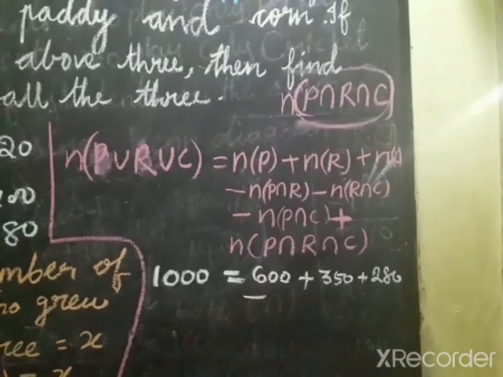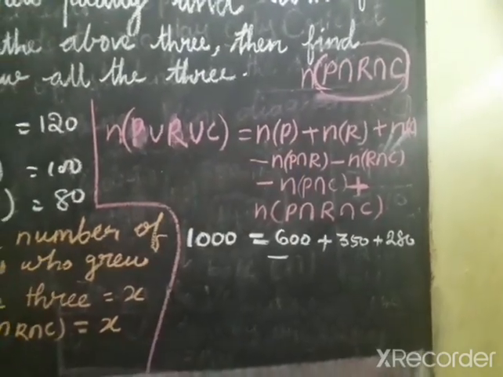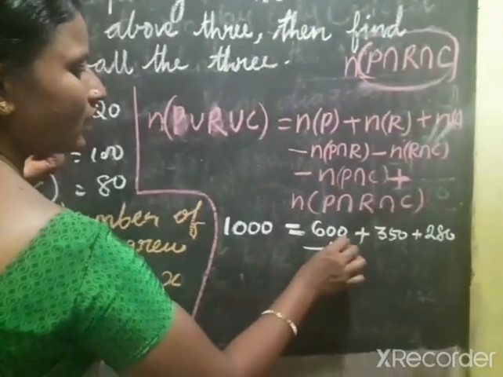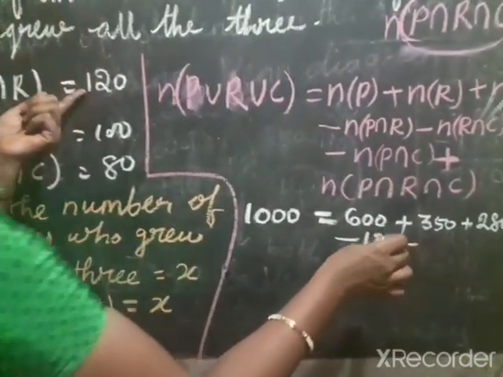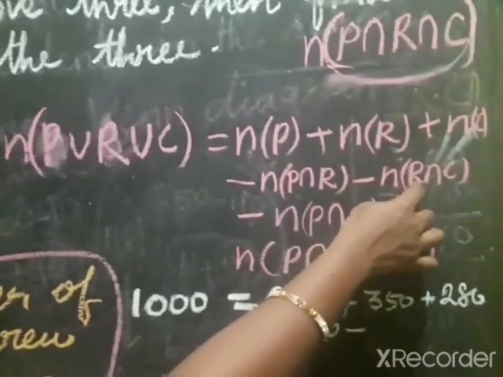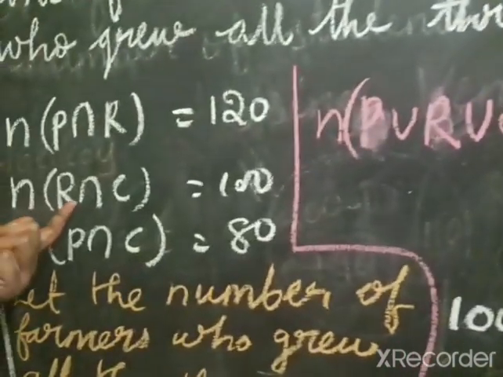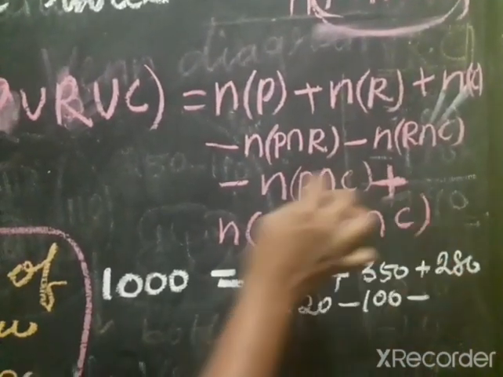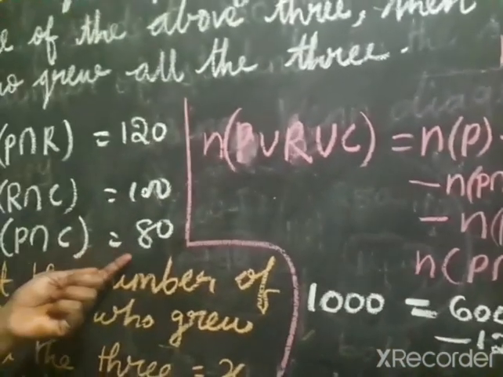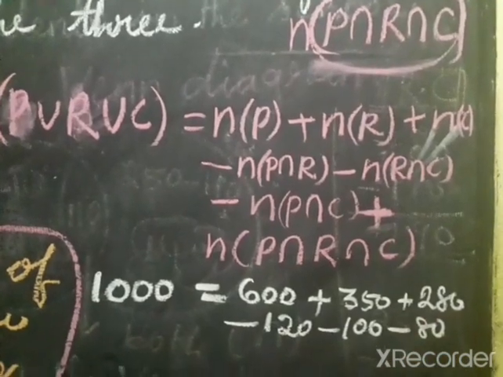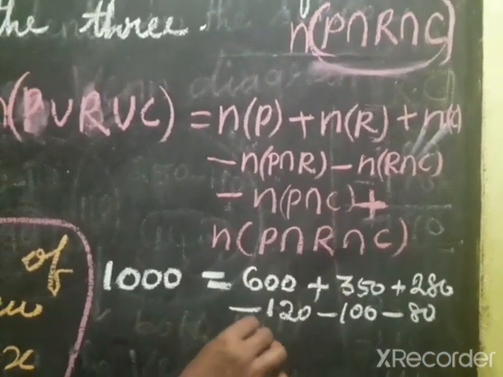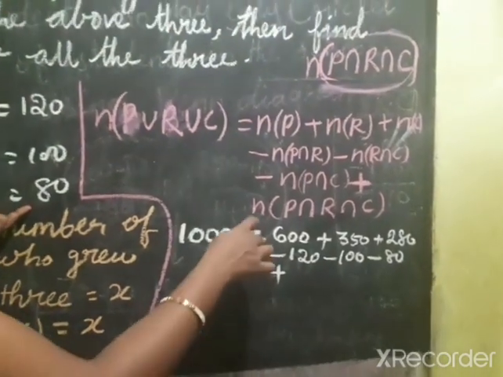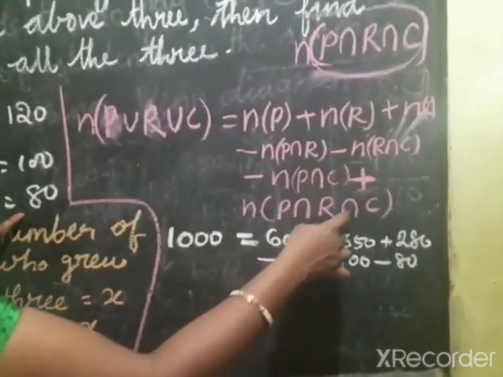Minus symbol. N of P intersection R is 120, minus N of R intersection C, 100, and minus N of P intersection C, 80. And finally the plus symbol, plus N of P intersection R intersection C.